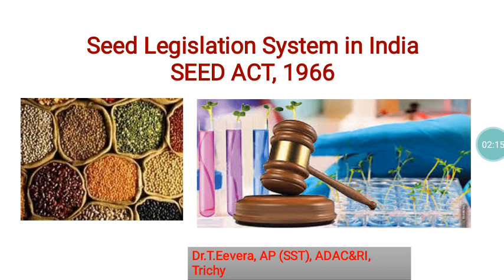For well advanced planning, we also discussed seed planning. Seed planning has to be done well ahead. Suppose you are going to supply certified seed in the year 2023, then now you have to develop a seed production plan.